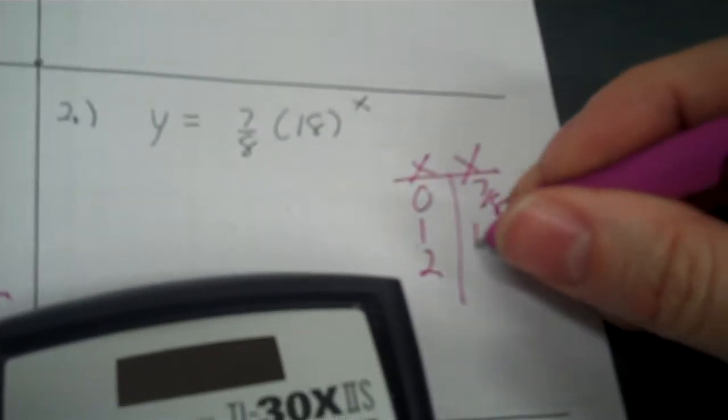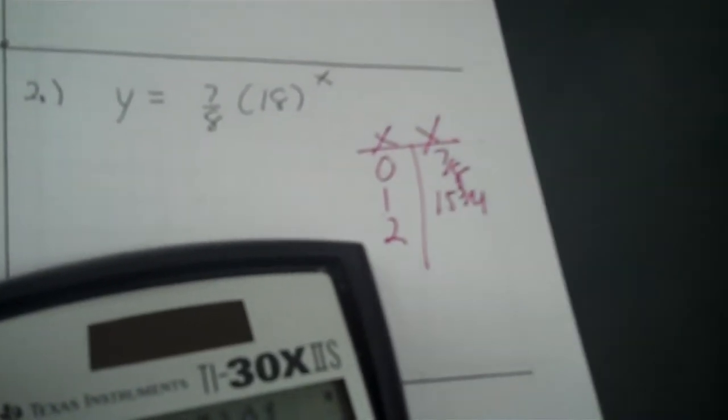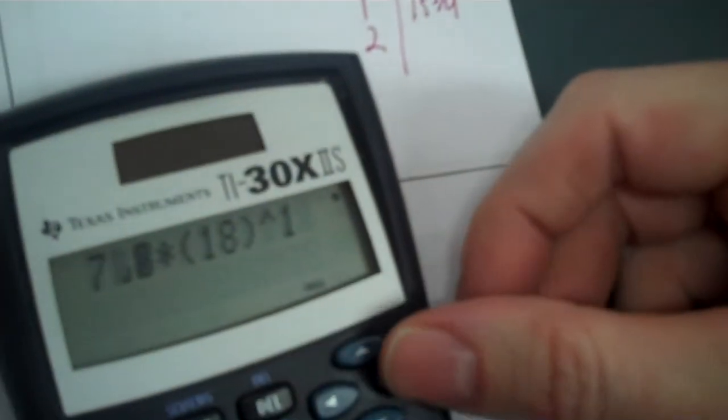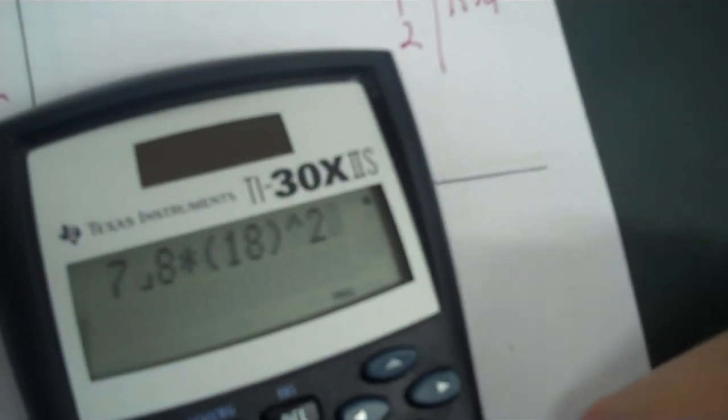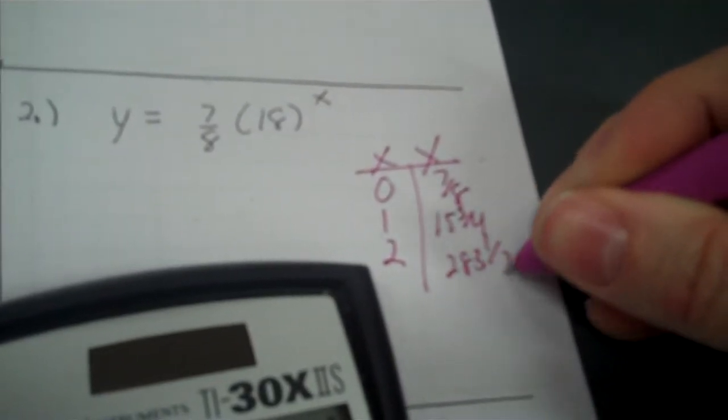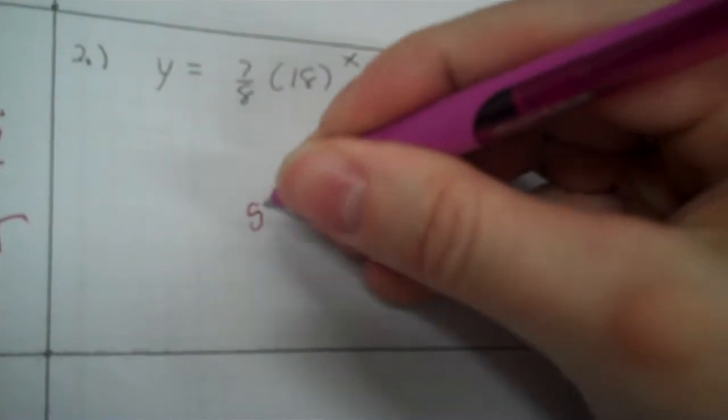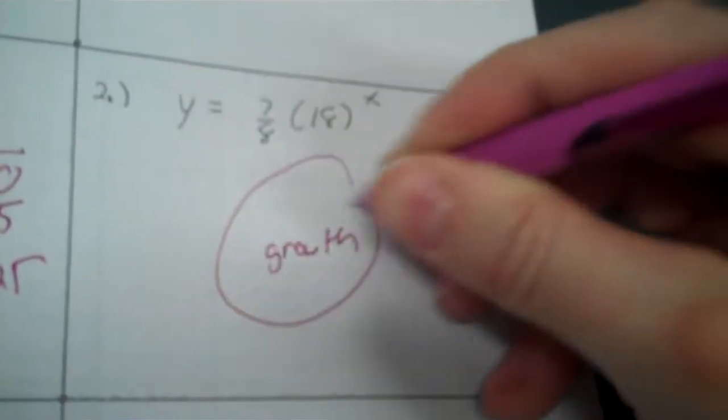I just raise it to the 1 power. That's 15 3/4. Then I click up, and I'm going to raise that to the second power, and that's going to be 283 1/2. So that's growth. Because you started with 7/8, you're multiplying by 18, growth.